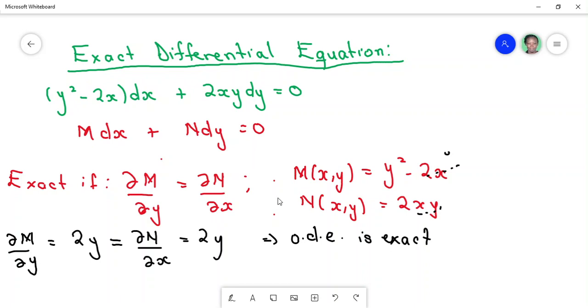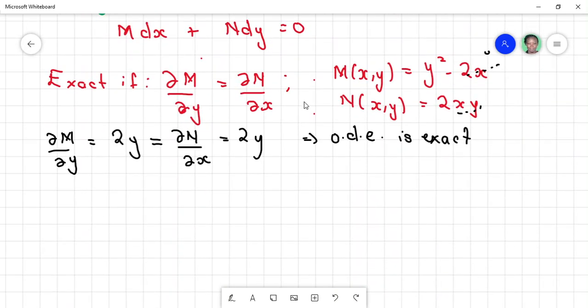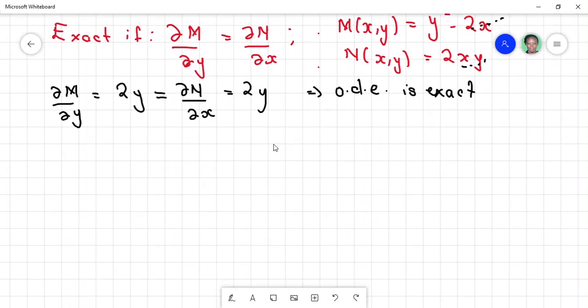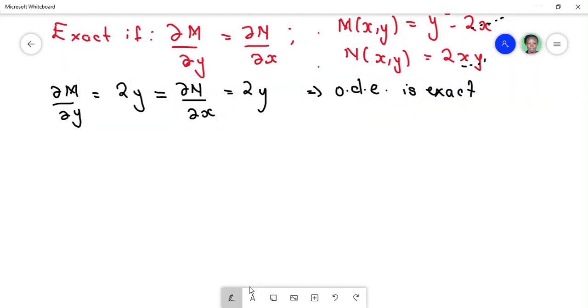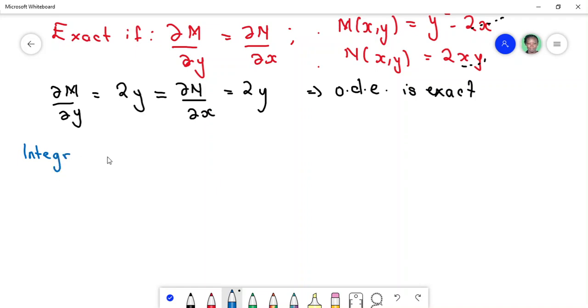So let's do it slowly and get it right. So let's say I integrate M of x, y.